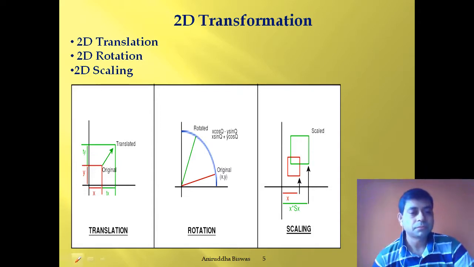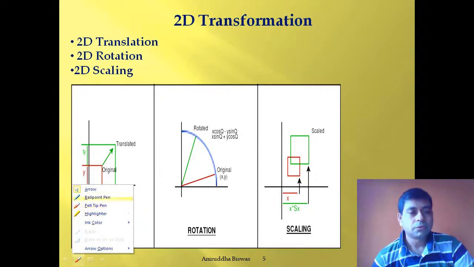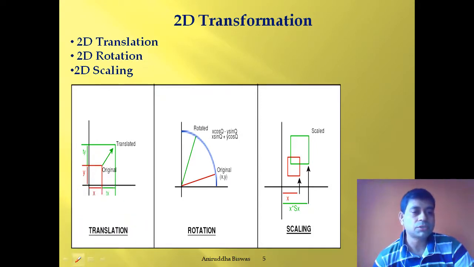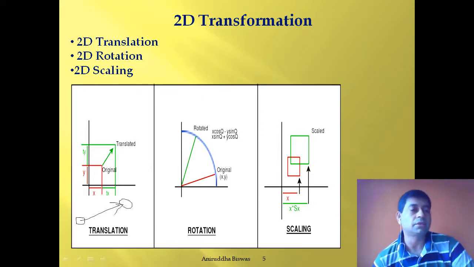Here we have, first, to understand translation. Translation is moving in a straight line. So any point which was here is now placed at some other location, provided there is no structural change.